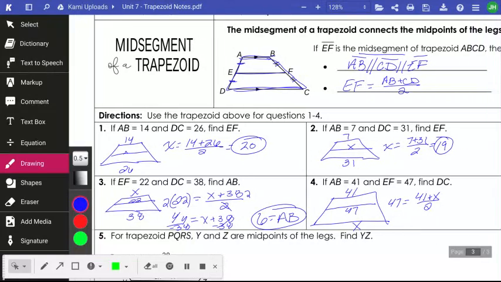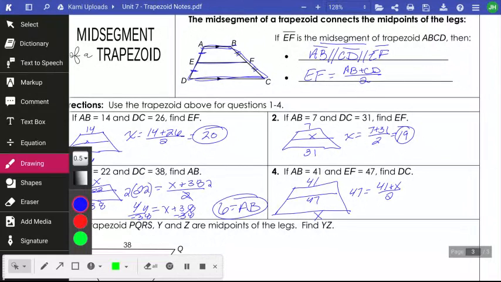If I want to figure out what X is, which is the missing side, DC, I'm going to multiply both sides by 2. 2 times 47 is 94. So 94 equals 41 plus X. I'll minus 41 from both sides, and so I get X is equal to 53. So that means that CD is equal to 53.